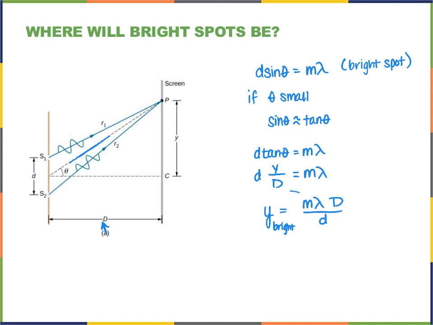This is an expression we can use to figure out, for instance, the first bright spot. There's always going to be a bright spot in the middle, which is m equals 0, but if this was the first bright spot, we could put m equals 1 there. Lambda is the wavelength of the light we're using, D is the distance from the slits to the screen, and little d is the distance between the slits, and we can figure out where exactly these bright spots are located on the screen.